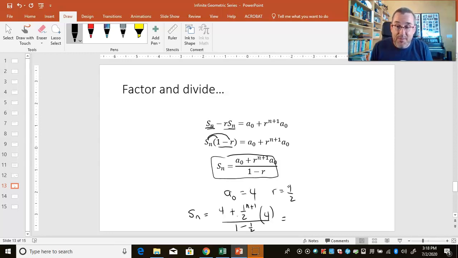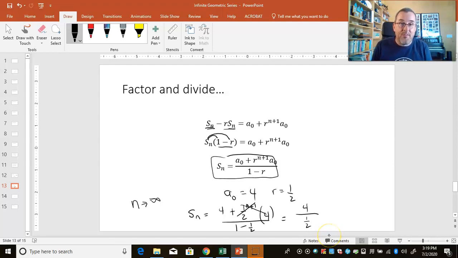And if you take something that's practically 0 and multiply it by 4, you get practically 0. So as n goes off to infinity, 1/2 to the n plus 1 power just gets infinitesimally small. So we're left with 4 plus 0 over 1 minus 1/2.